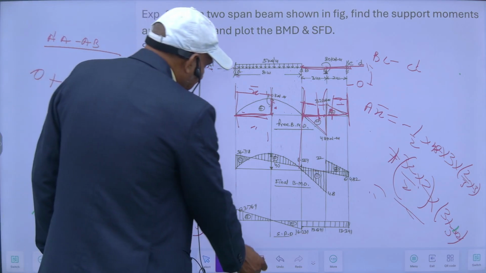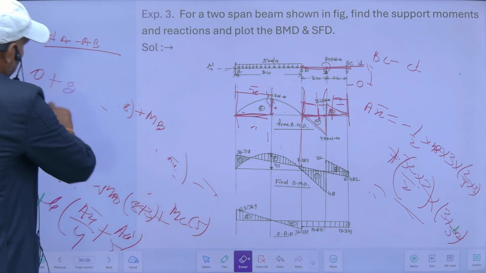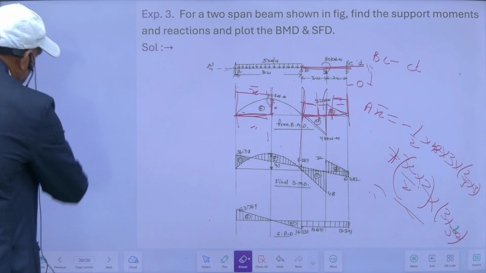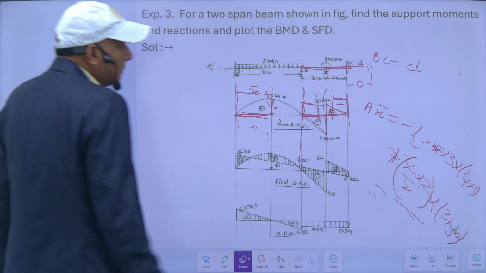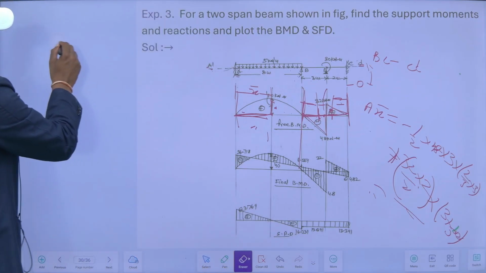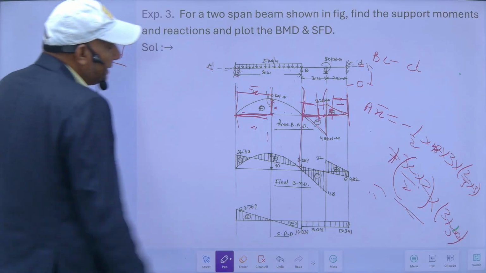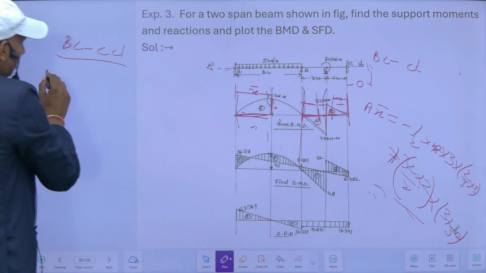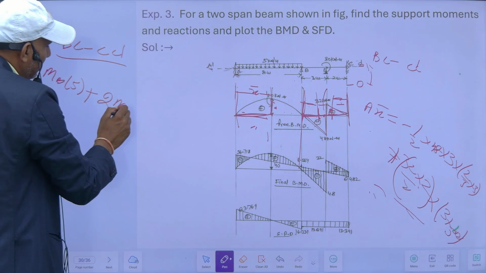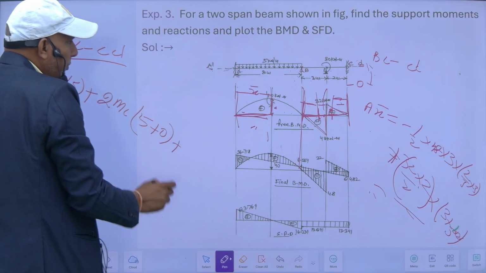Then I will apply the three moment equation for this BC and C dash imaginary span. So in this case it will be MB into this length plus 2 times of MC into this length plus this length, plus moment of this into this.